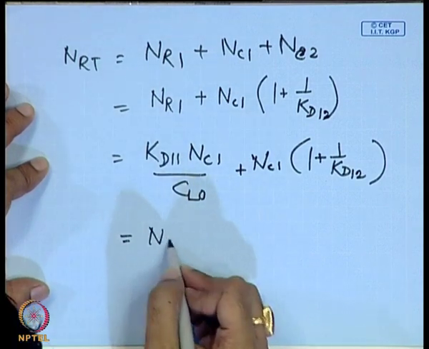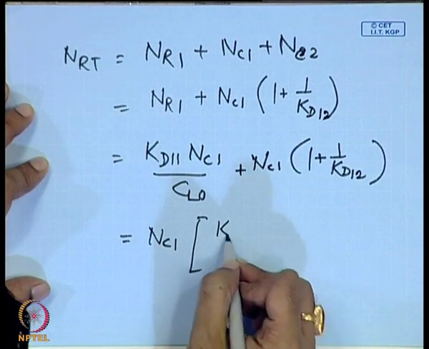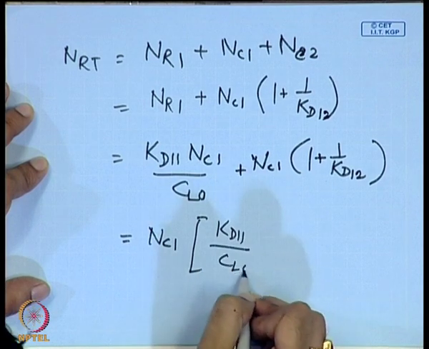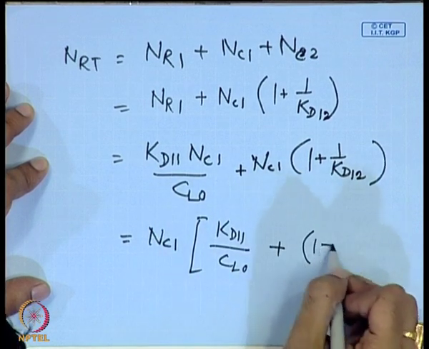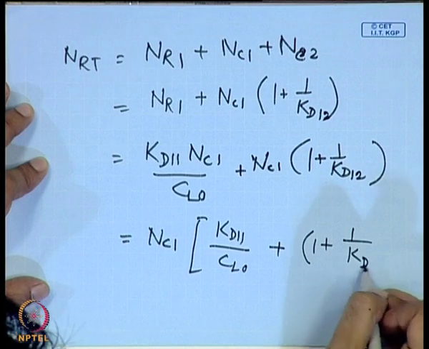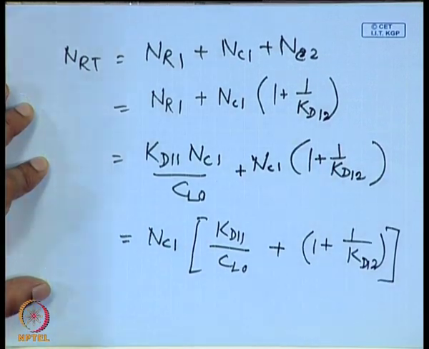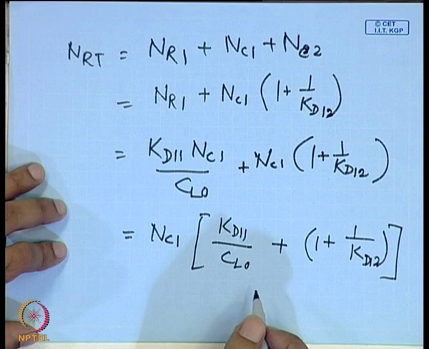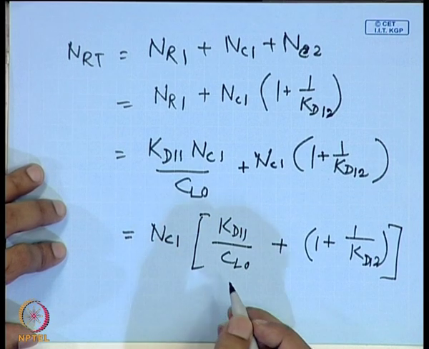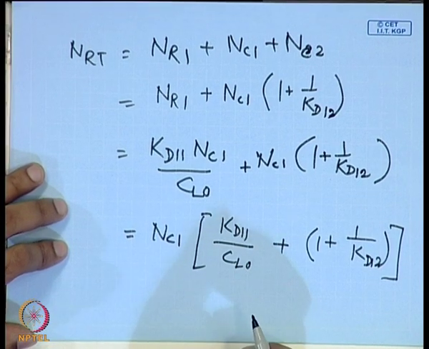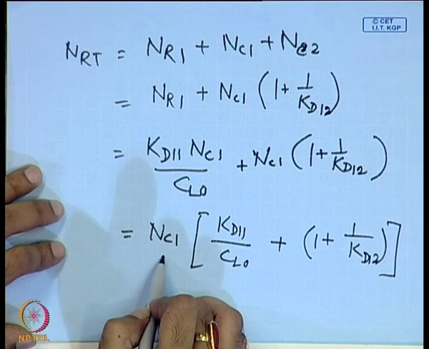So, now I can write this as NC1 times KD11 over CL0 plus 1 over KD12, right. So, this is my relationship between NC1 and nRT.